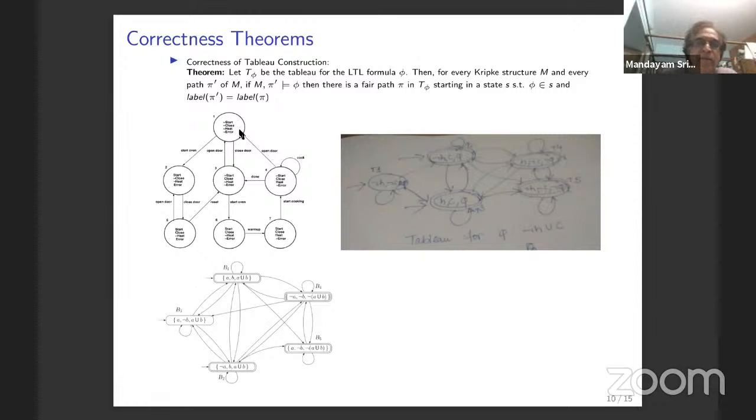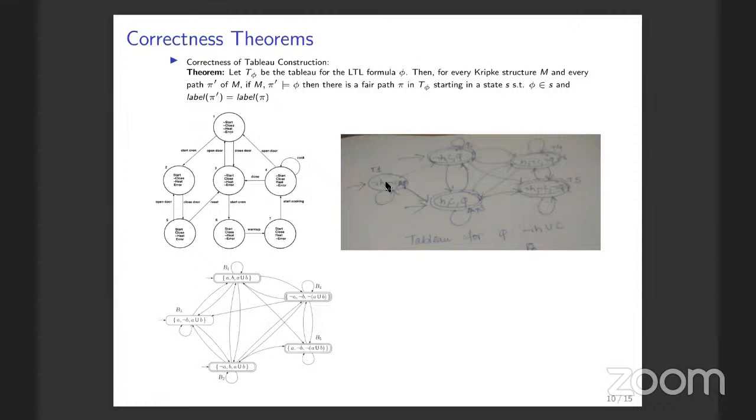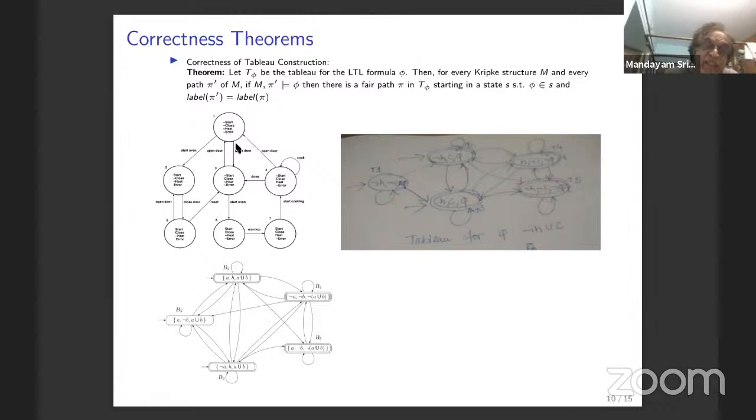Since the execution path is a sequence of states, the states on an execution path, you cannot compare them here because the states might be different. The states that appear on the paths.